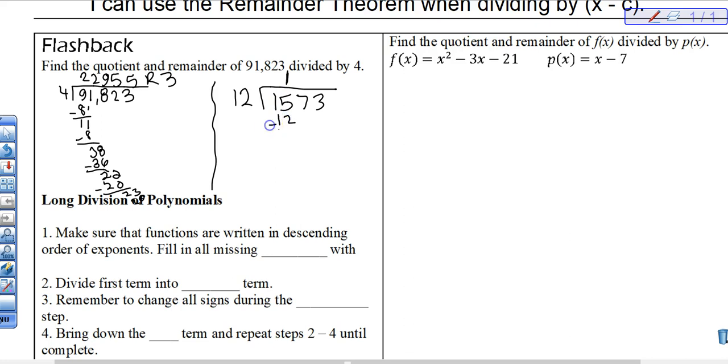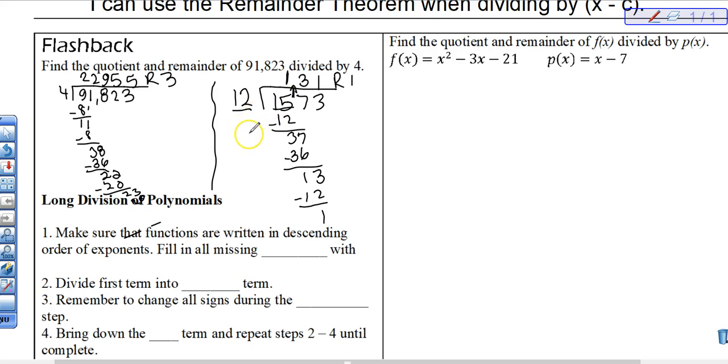So that's 12. And we subtract. And we do 37. How many 12s are in 37? Okay, 3. Pause the video because we got to. How many times 3? 36. And you guys probably finished the problem while that happened. And then we bring down the 13, and I picked something that wasn't too awful. Right? But the whole point of that was that when I went 2 terms in, I went 2 terms in before I wrote my quotient.